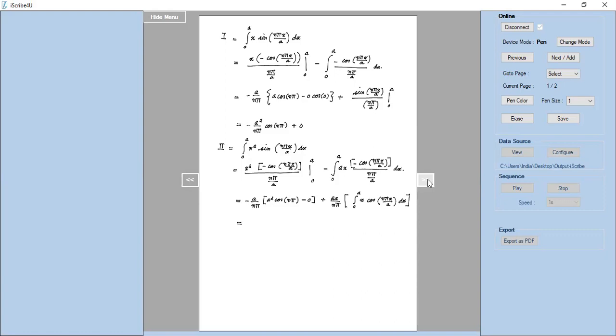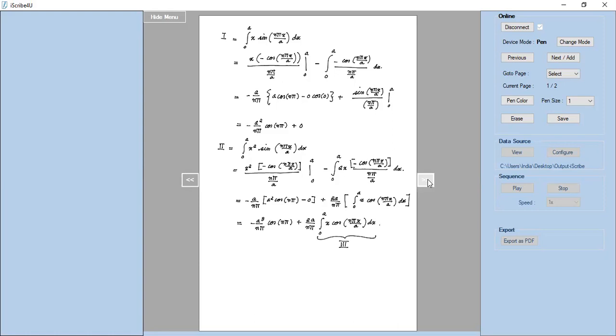Okay, so this is going to be minus a cube by n pi cosine n pi plus 2a by n pi integral 0 to a of x cosine(n pi x by a) dx. Okay, so this we can now take as some integral 3.